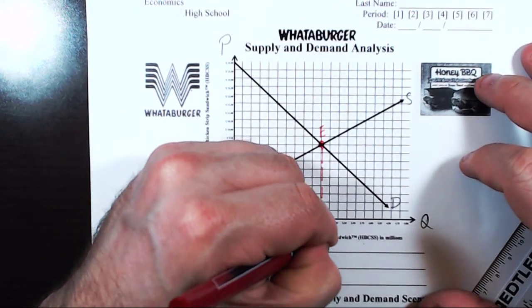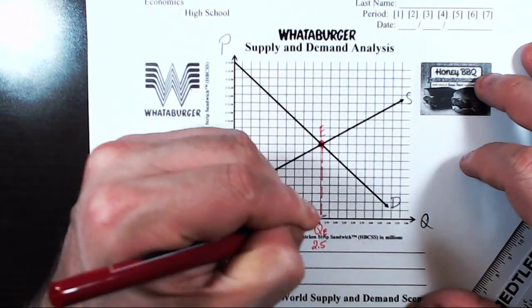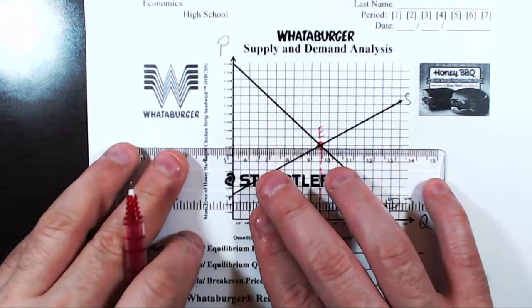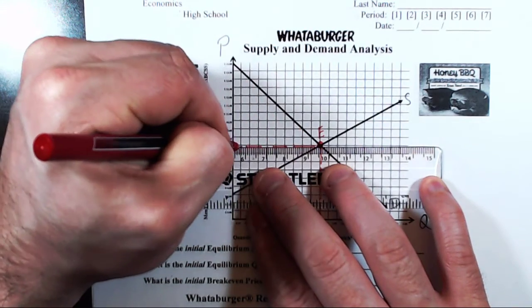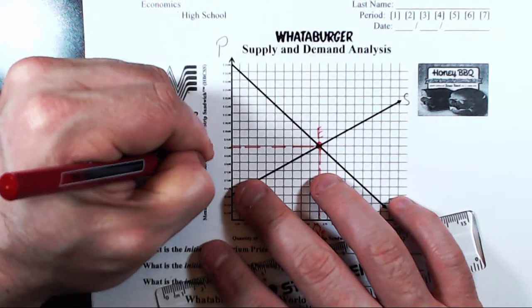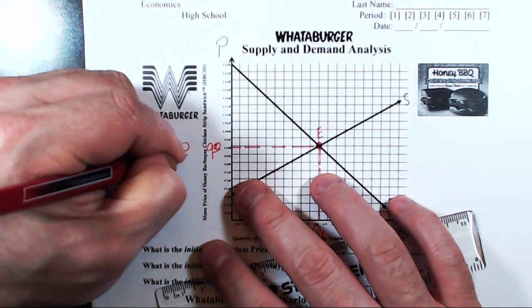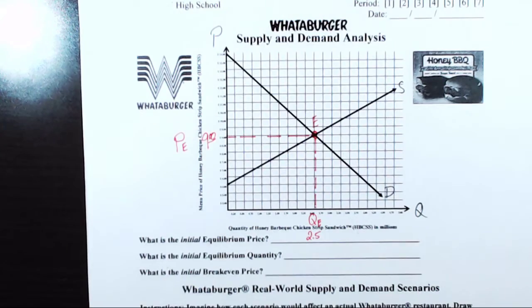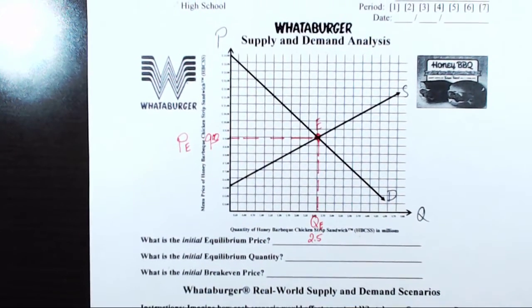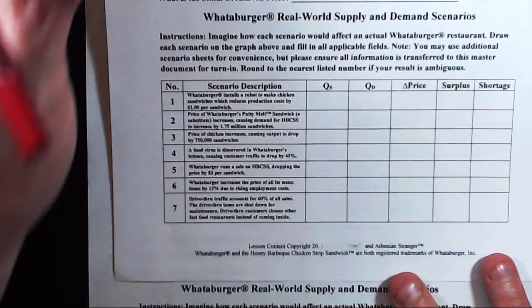That's the quantity equilibrium, 2.5 million sandwiches. And the price equilibrium is equal to $9. Okay, so $9 is the price equilibrium. Fair enough? Okay. Let's see what is going on in scenario number 7.